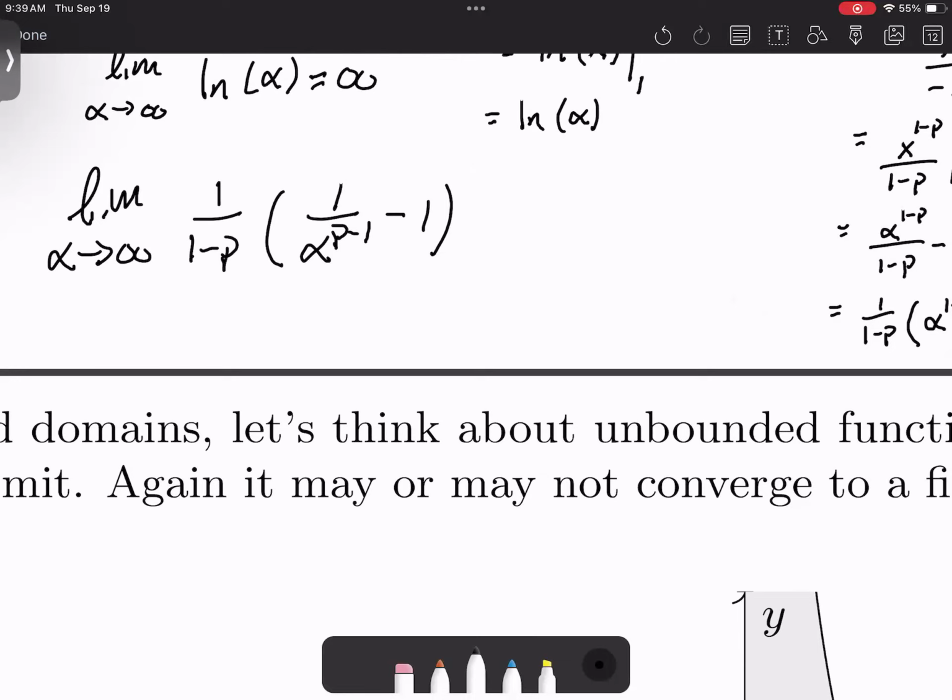All right, now let's look at a couple different p-values. We know that p is not equal to 1. So if p is greater than 1, then that means p minus 1 is going to be a positive number, which keeps that alpha in the denominator of this fraction. And as alpha gets larger and larger, this fraction will decay to 0.